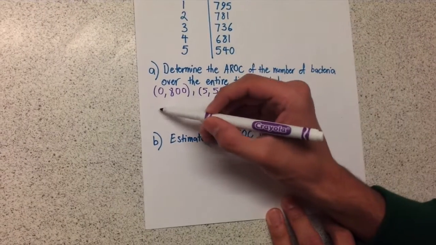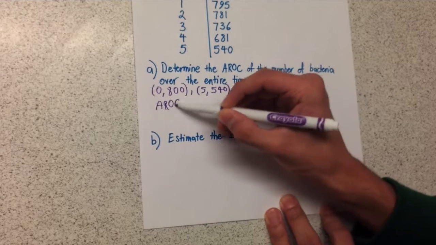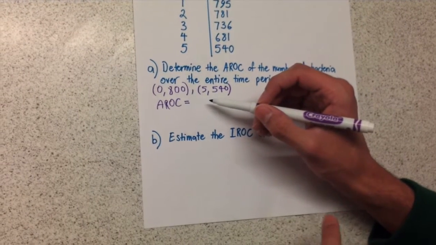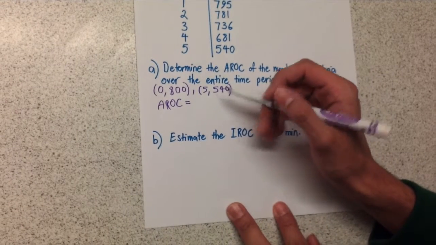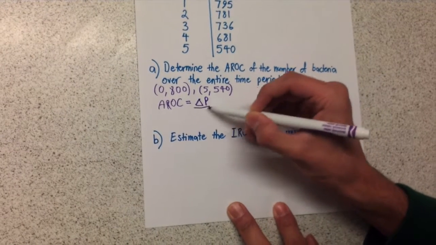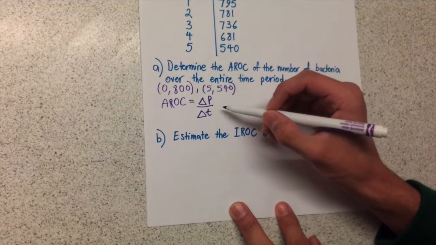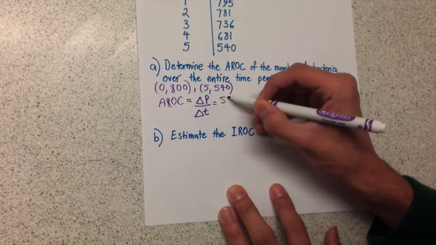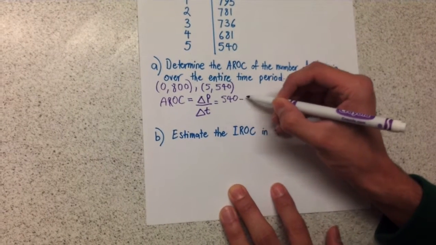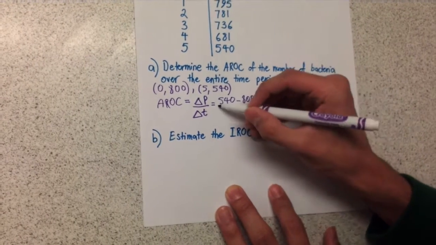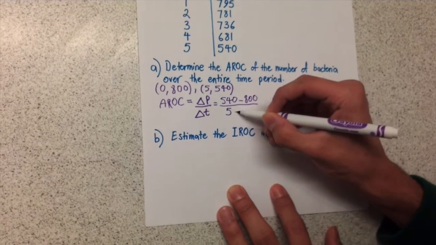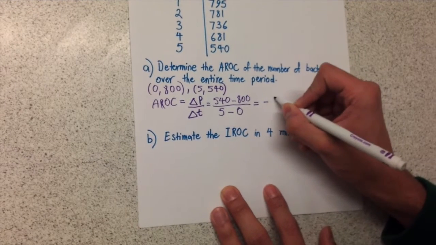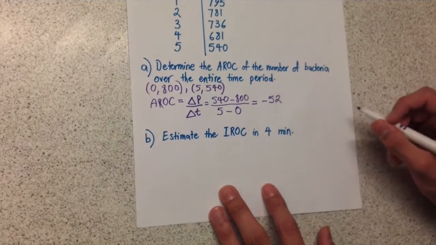Now, AROC is equal to the change in population over the change in time, which is 540 minus 800 divided by 5 minus 0, which is equal to minus 52.